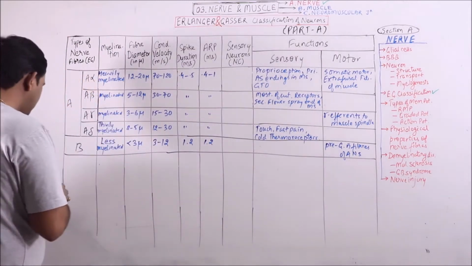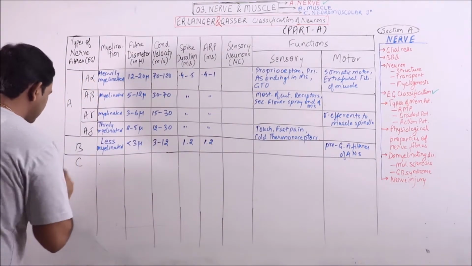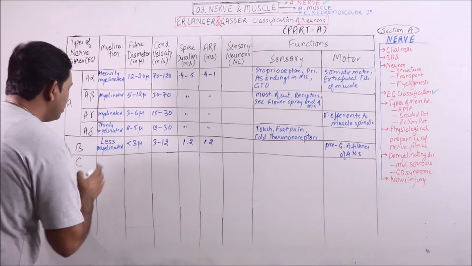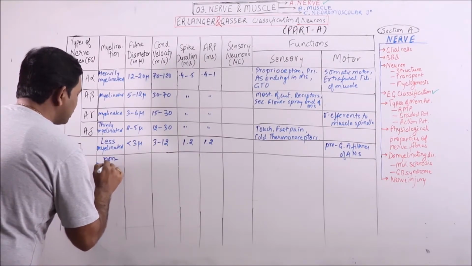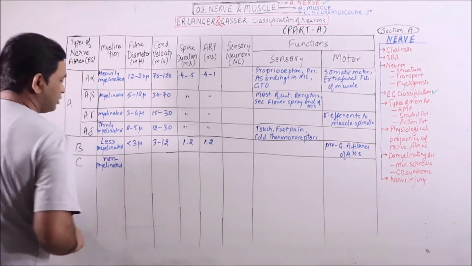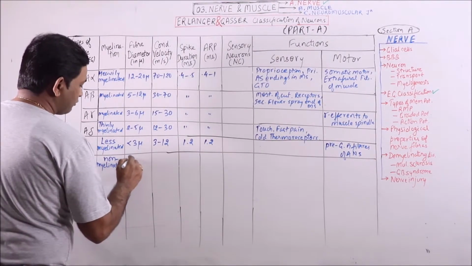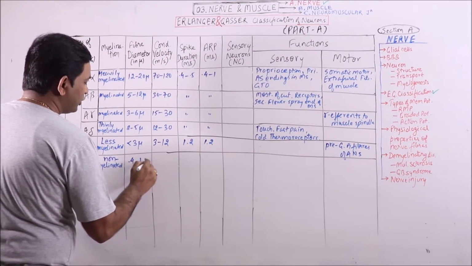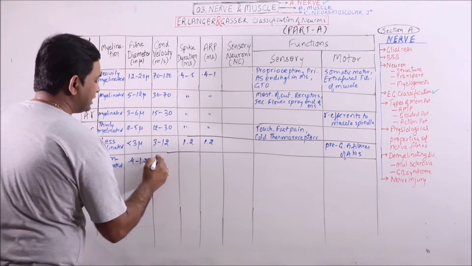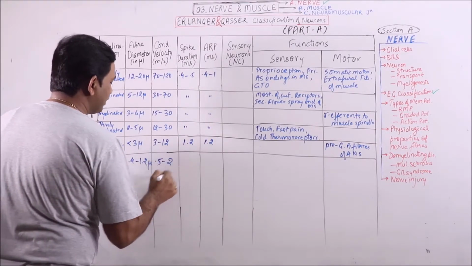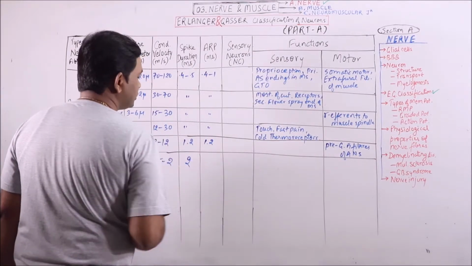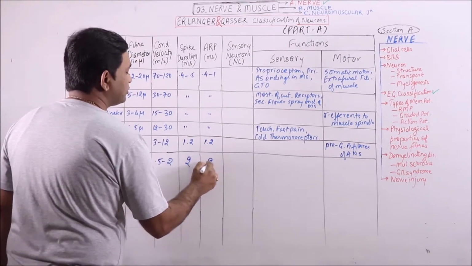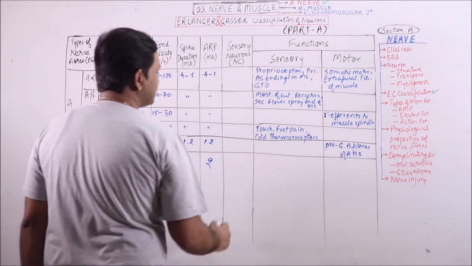And the last one is the C type of fibers, which are non-myelinated. These are having fiber diameter of 0.4 to 1.2 microns and the conduction velocity is 0.5 to 2 meter per second. The spike duration is 2 milliseconds. Absolute refractory period is 2 milliseconds.